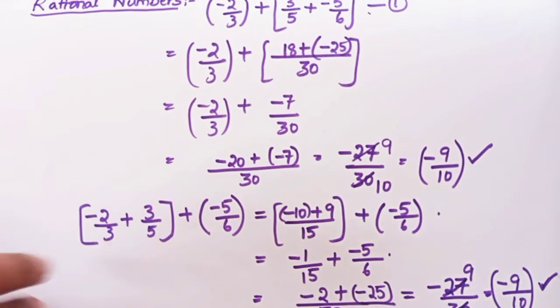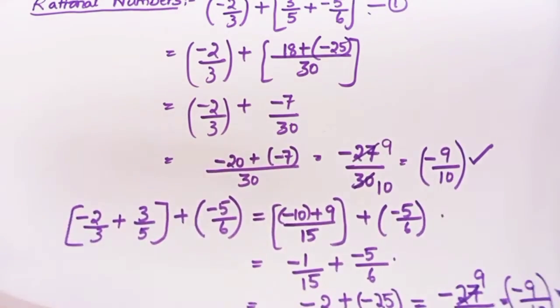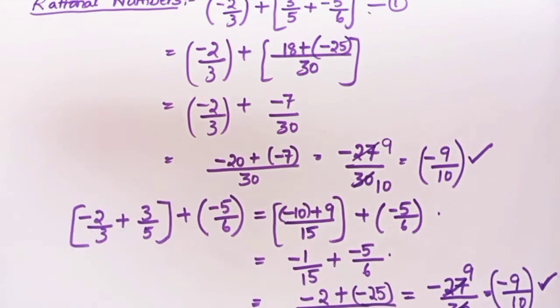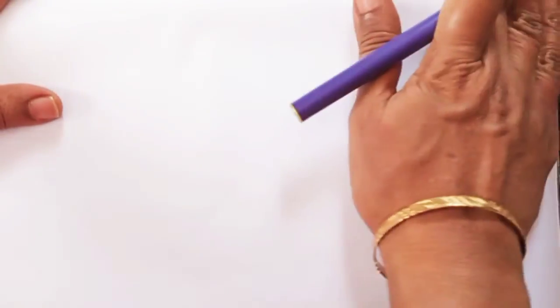So addition is associative for whole numbers, for integers and even for rational numbers. Now let us move on with the second operator, that is our subtraction. Let us check our subtraction. What is our associative property under subtraction?